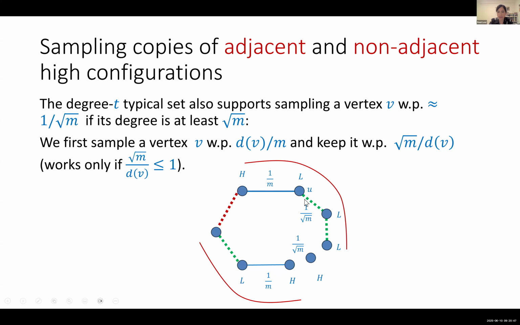Then we multiply this by 1 over square root of m for this edge, 1 for this edge, and 1 for this edge, and then also multiply by 1 over square root of m for hitting this vertex. So overall, the probability to sample a specific copy in this case is also 1 over m to the power of k over 2.